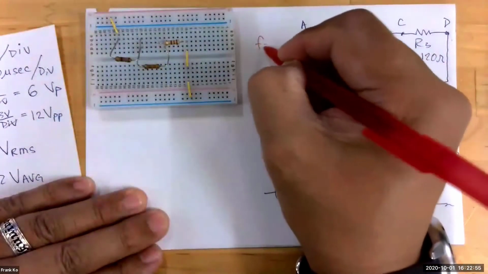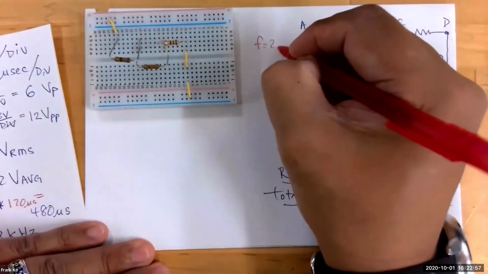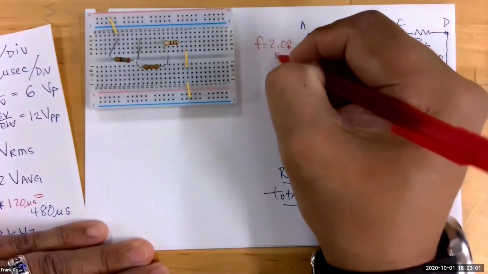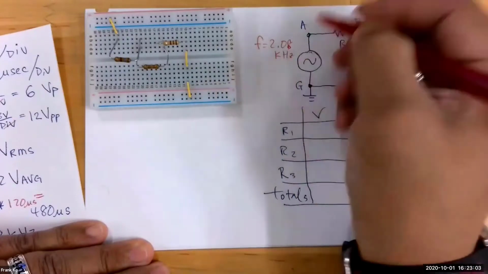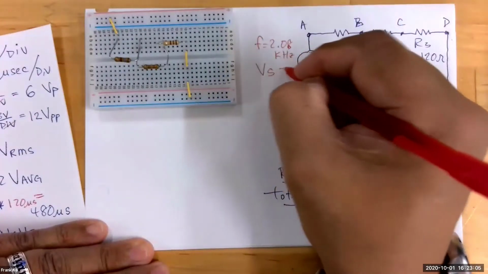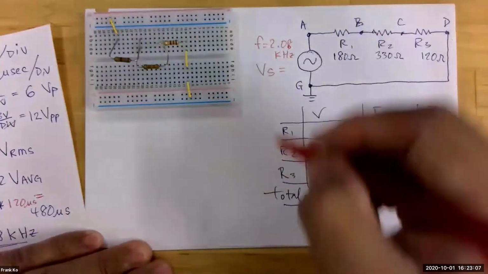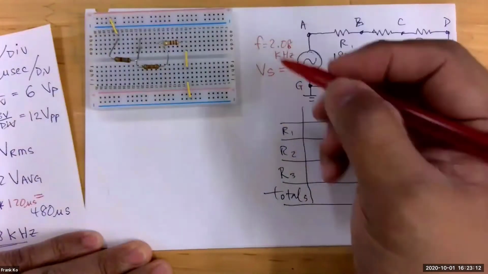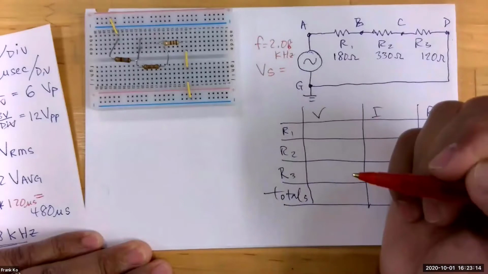So F is equal to 2.08 kilohertz, and Vs is equal to, we can set this up one of a couple of different ways.